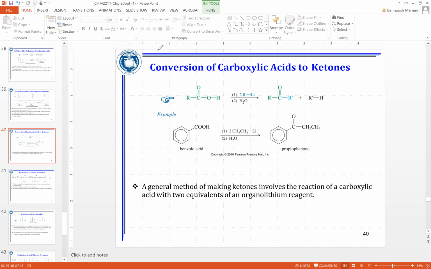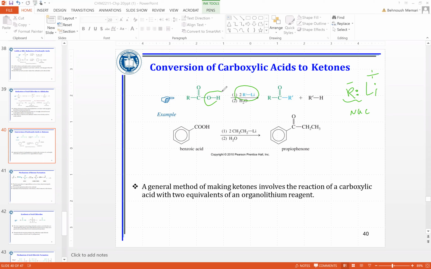Next reaction is preparation of ketone from carboxylic acid. And for this reaction, you must use Gilman reagent or alkyl lithium. If you use alkyl lithium, what happens? Alkyl lithium is basically R with the negative charge, and then Li is a positive charge. So this part of the molecule is acting as a nucleophile.